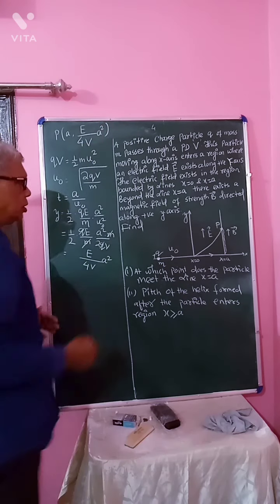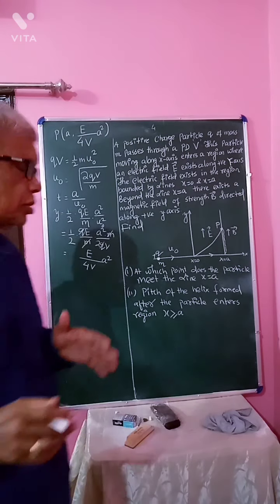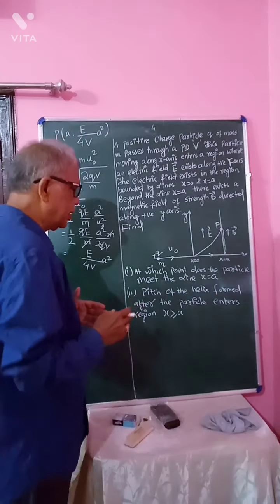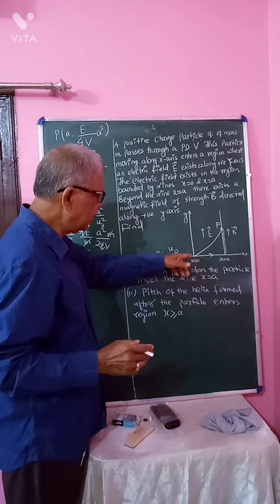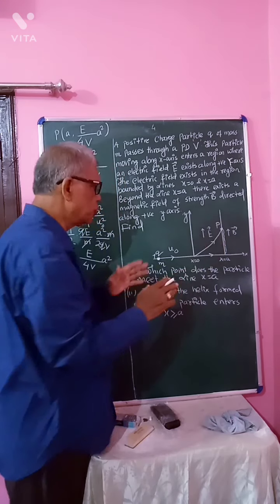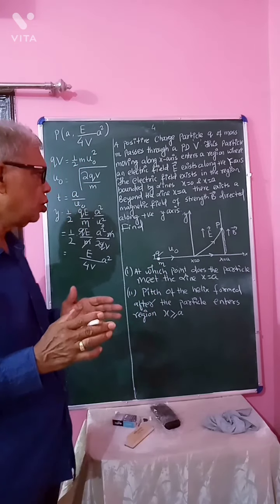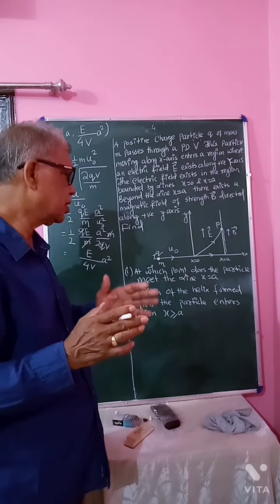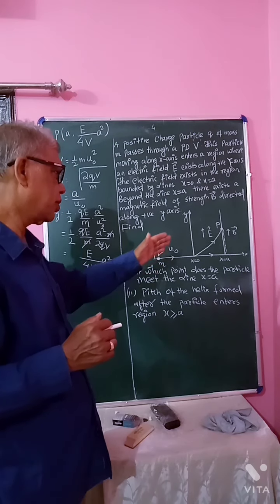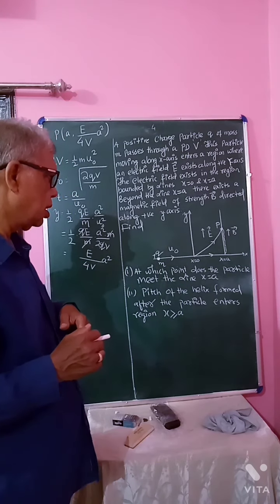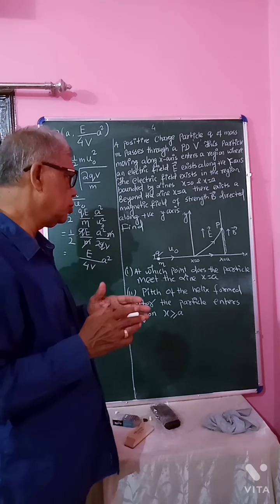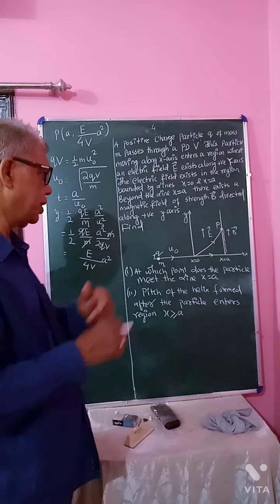This is the coordinate of the point P. Now this particle moving in the electric field describes a parabolic path. We can also find the equation of the locus of the particle. Even though it is not asked, you can find it by eliminating time t, obtaining a relation between x and y.